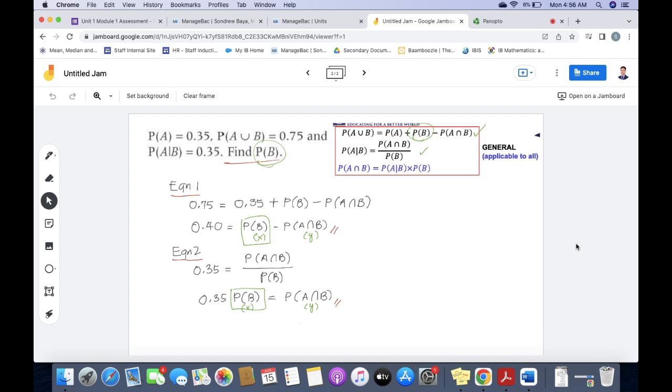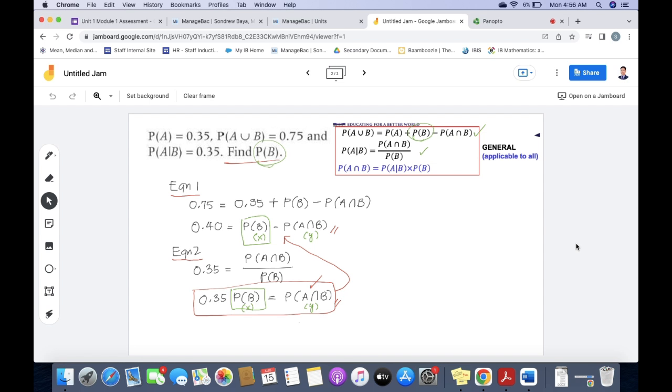In this case, it's easy to use substitution because we already know from equation 2 that the probability of A intersection B is just equal to this expression, 0.35 times the probability of B. So we can go ahead and substitute this into the first equation.